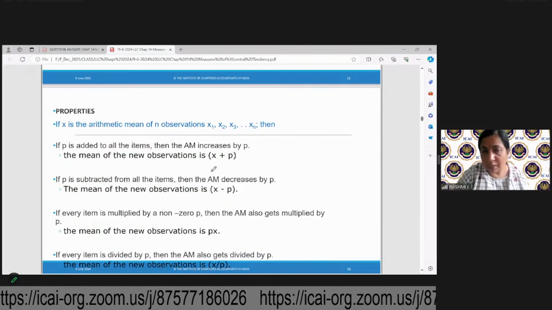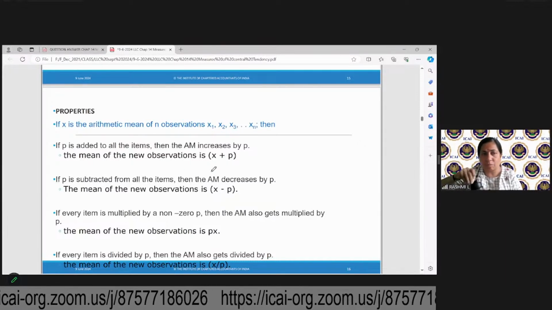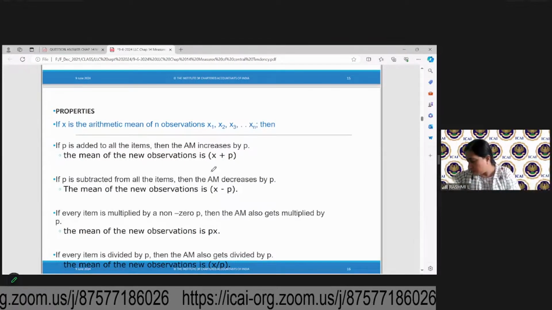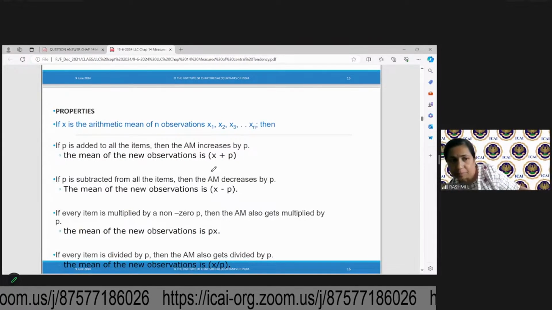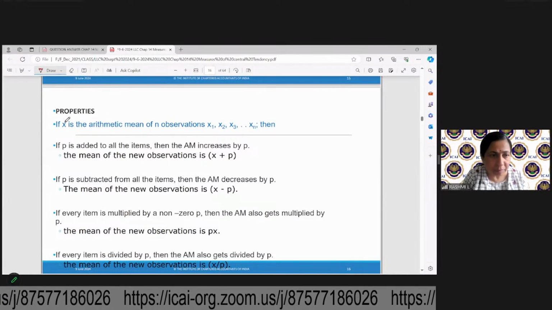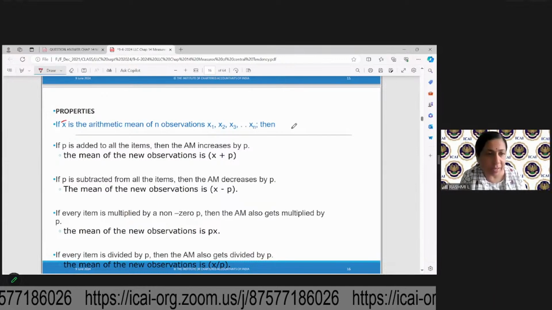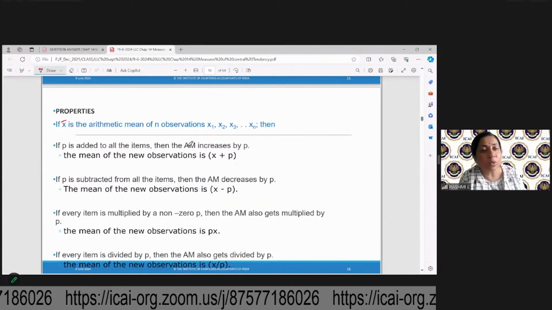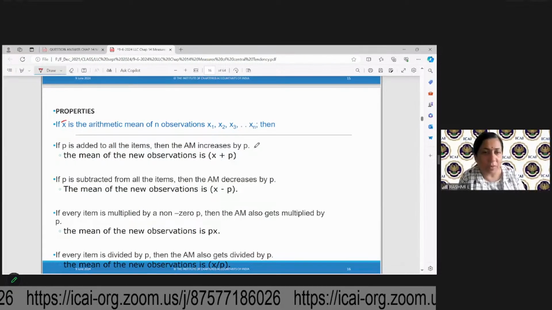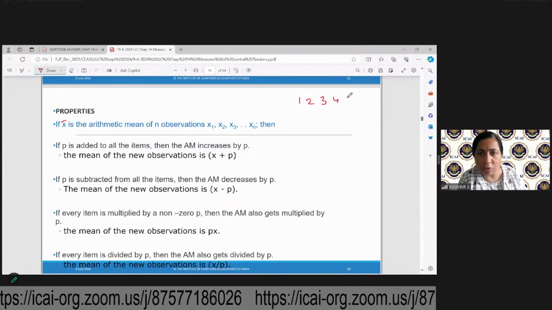The other properties are as follows. If x bar is the arithmetic mean of n observations, then if p is added to all the items, then the arithmetic mean also increases by p. Okay. So what this means is, suppose 1, 2, 3, 4, 5.